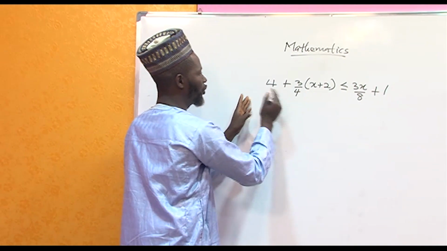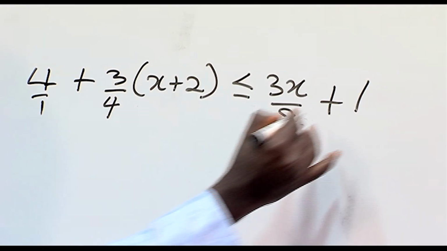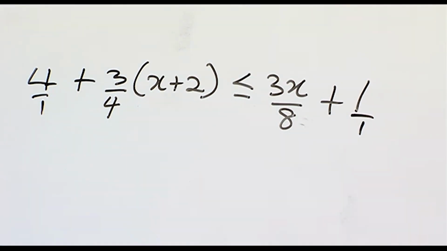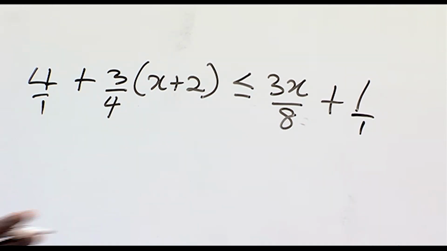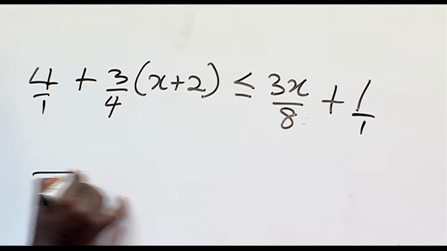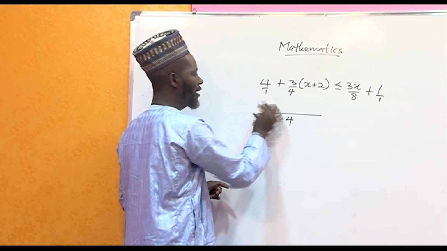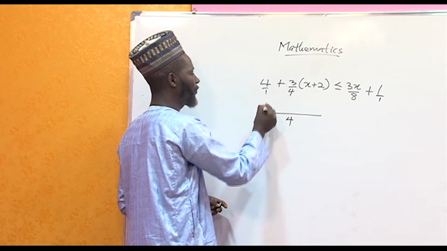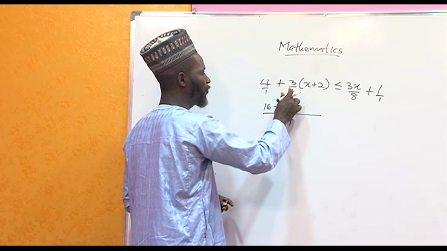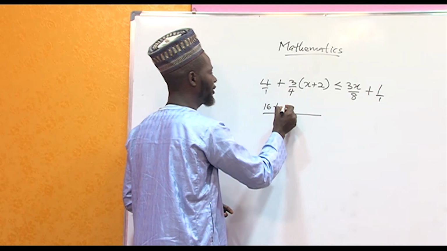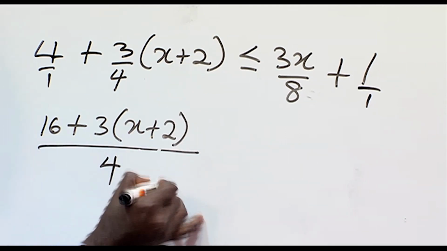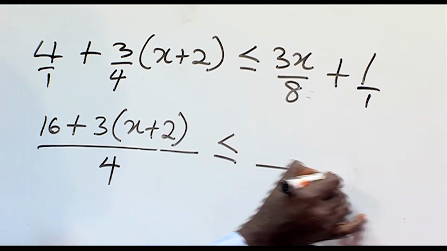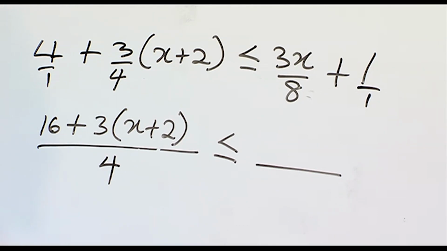All we need to do is to make this one a fraction and this one as well a fraction. Let's find the LCM of this and the LCM of this simultaneously. The LCM of this is 4. 4 into 4 is 1, 4 times 4 is 16. Plus 4 into 4, 1, 1 times 3, 3, into bracket x plus 2, less than or equal to the LCM of this one, which is 8.